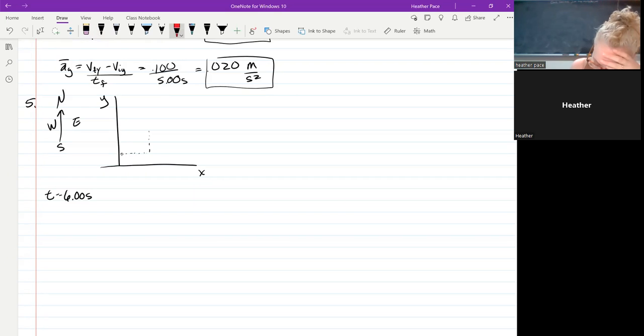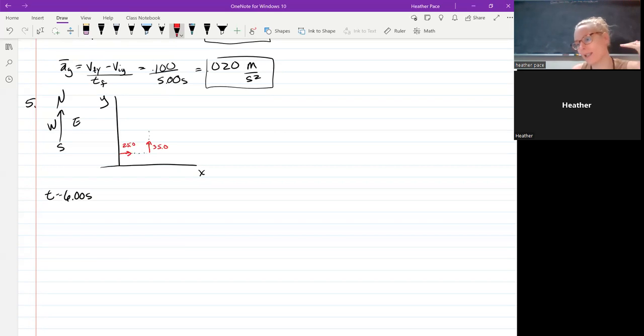So let's do what our book has done. This is 25. And this is 35. So again, we can see that both of these velocities are completely in the x or y direction. So our final velocity is completely in the y direction.